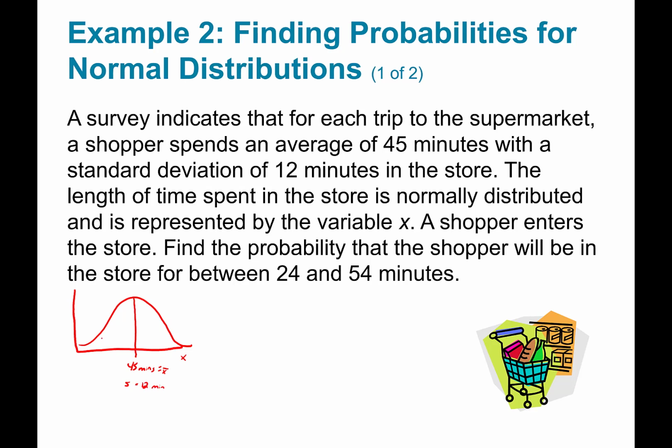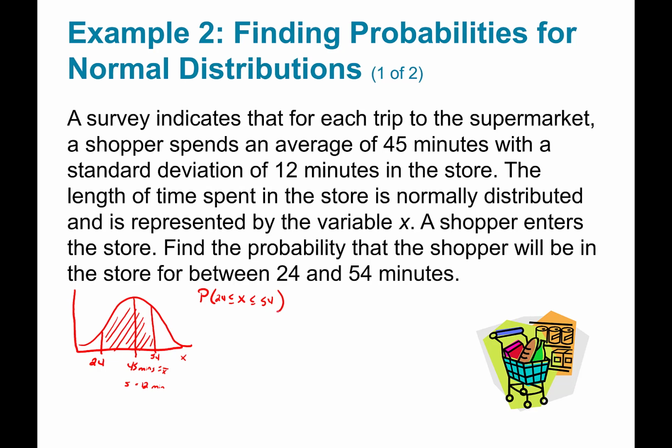And so we want to find the probability that someone's in the store for between 24 minutes and 54 minutes. So we're finding the probability in between these two values. So we're finding the probability that x is between 24 and 54.